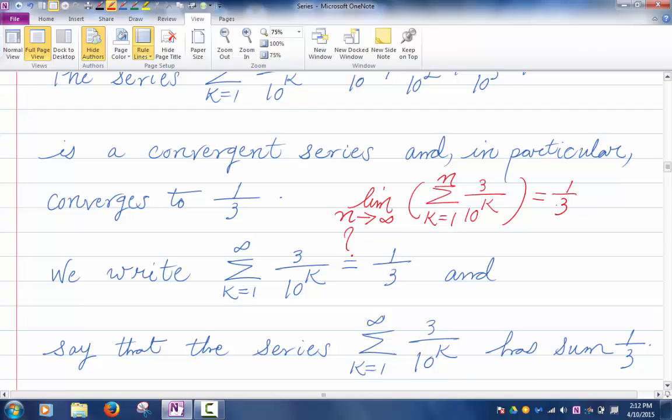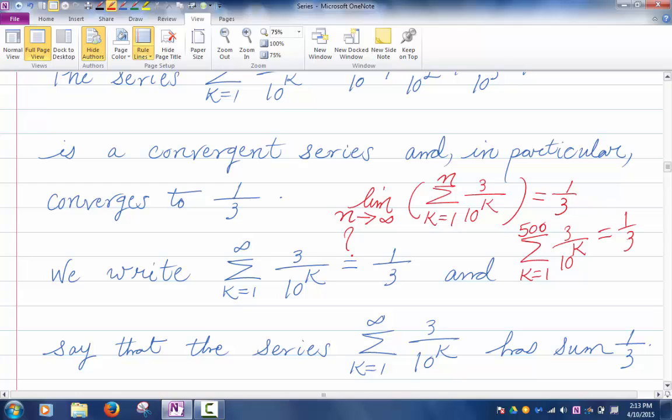However, it doesn't mean that you can give me a value of n such that the sum k going from 1 up to 5 million or whatever you like, 500 let's say, of 3 over 10 to the k, is equal to that 1/3. That is, you cannot add up finitely many terms of the series and get 1/3.